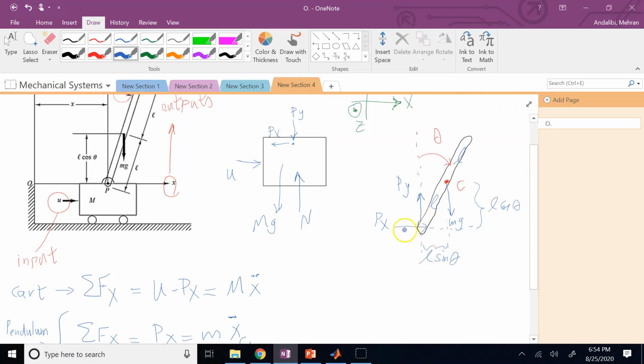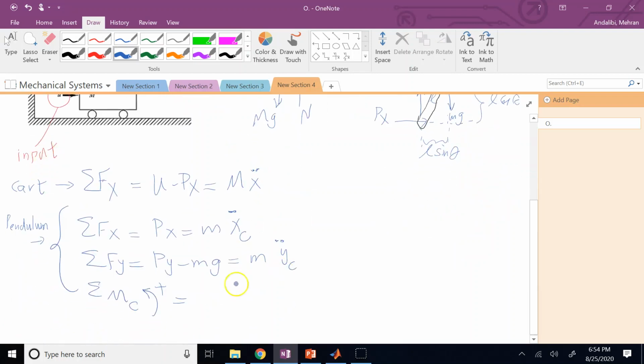So it is going to be positive P_x L cosine theta minus P_y times L sine theta, and mg does not produce any moment about the centroid because it passes through the centroid. This is equal to I about the centroid times alpha, and alpha is what? Theta double dot.